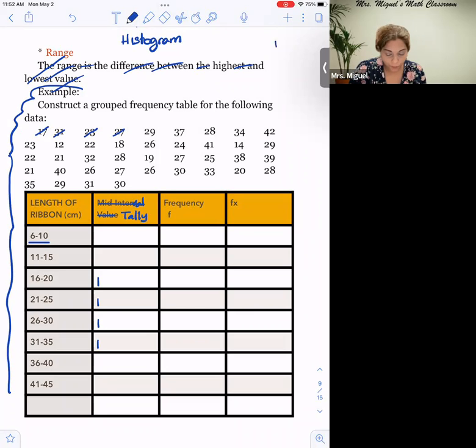When you have 4 strokes and you need to put the 5th one, you write it as that. This represents 5. So we don't draw 5 straight lines. It's 4 and 1 across. That represents a tally of 5. So go ahead.